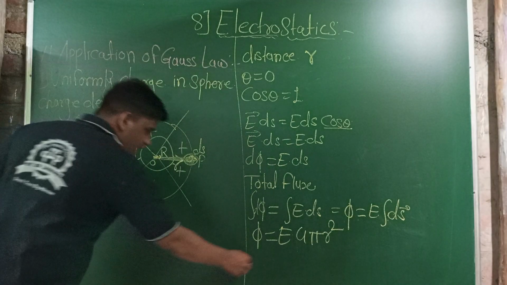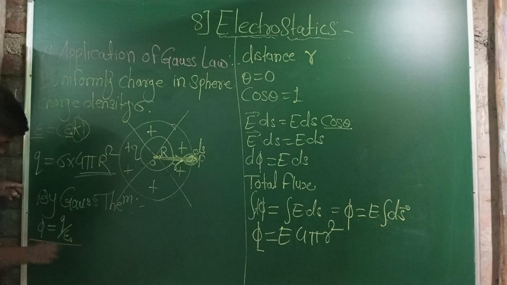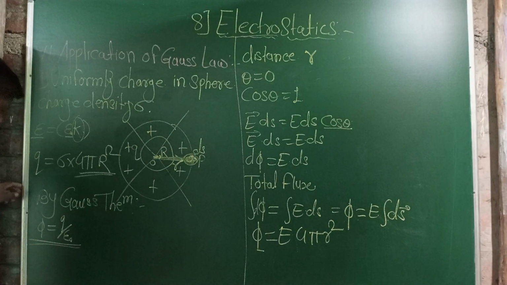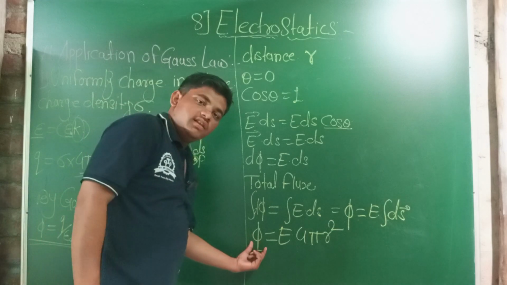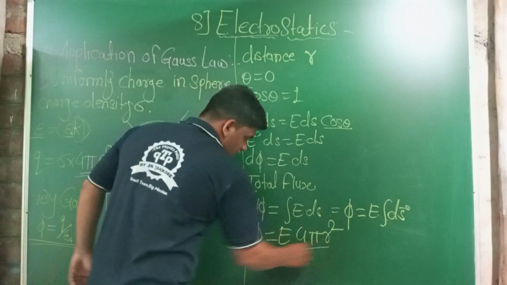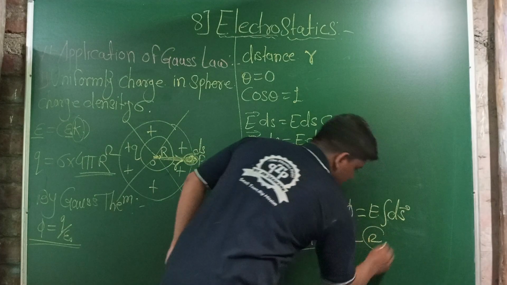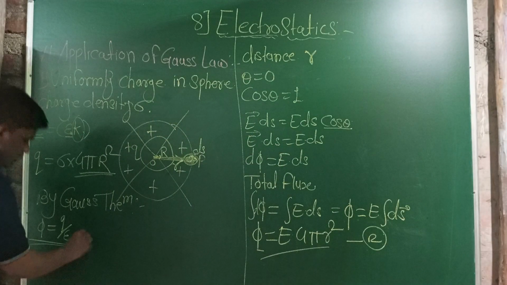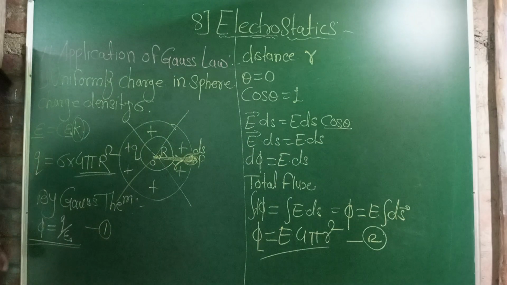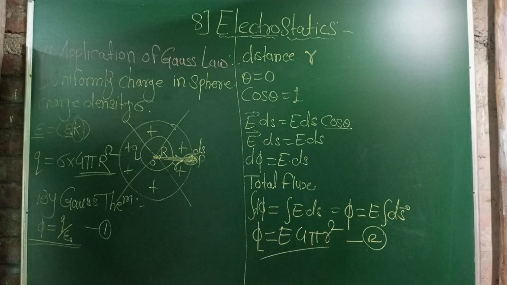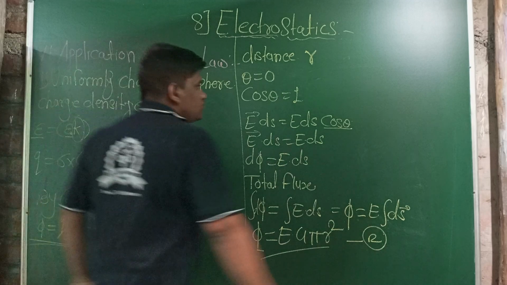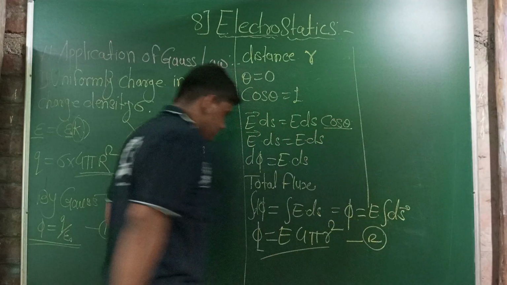According to the Gauss law, the electric flux is Q upon epsilon 0. I take this as equation number 2, and the previous one as equation number 1. Observing carefully, the LHS of both equations is the same, so the RHS of the two equations must be equal.